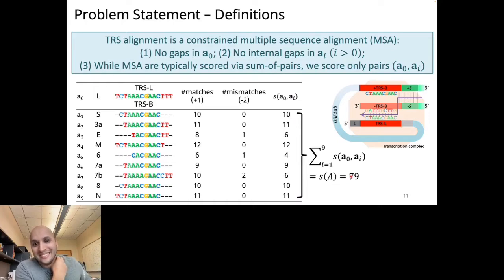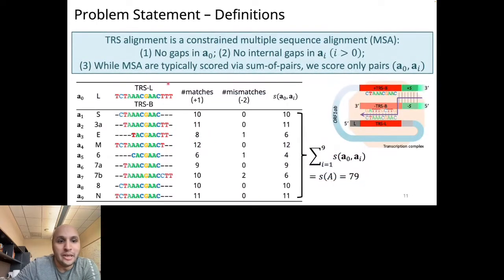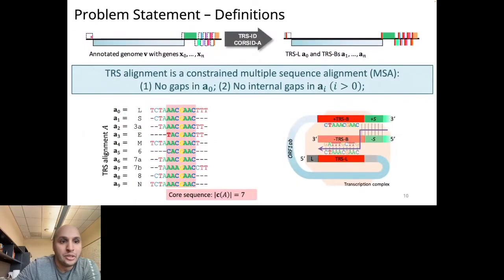Okay, and then could you just remind me what's the L and B difference? Thank you for the question. So there's a difference between the first TRS sequence, that's A0, which is at the beginning of the genome. So we don't know its location.